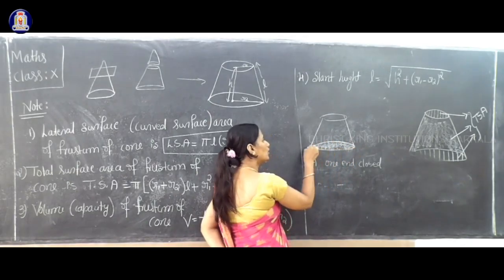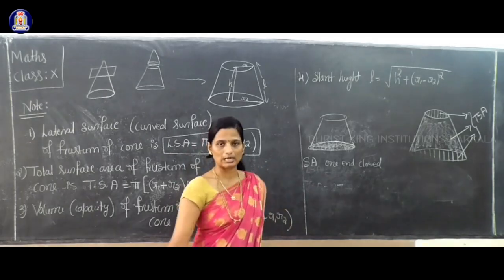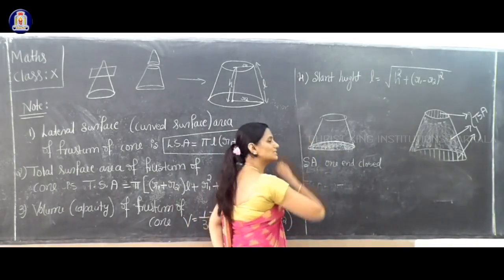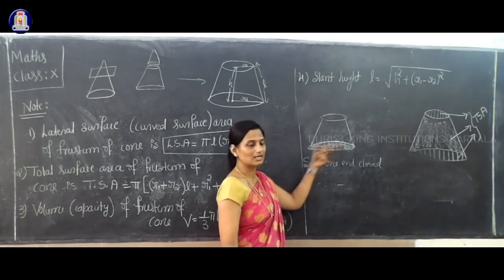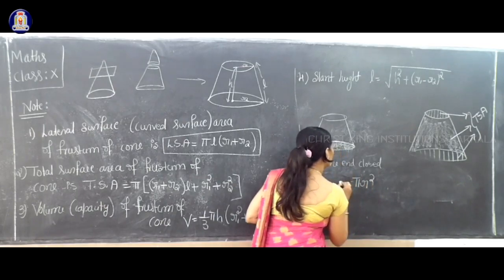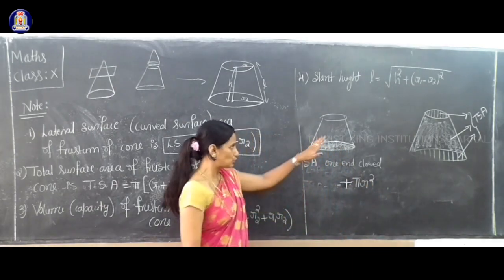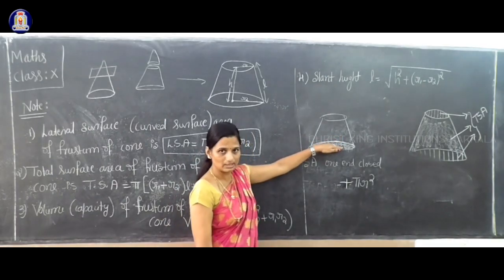To find the area of this one, first find what the shape of it is. What is the shape of this one? Circle. And what is the area of a circle? It is pi r square. Correct? So this is closed, which means you have to find the area of this one.